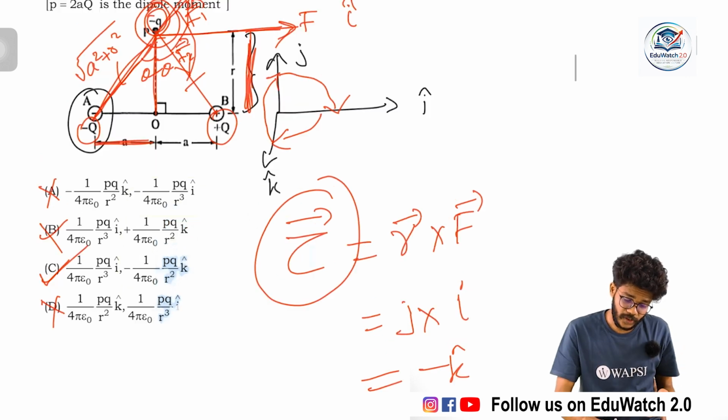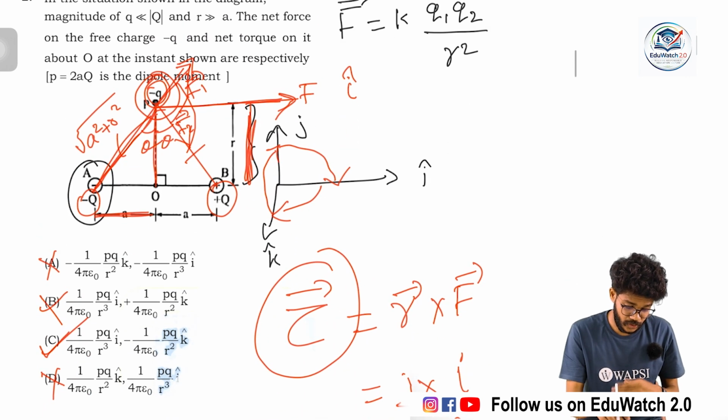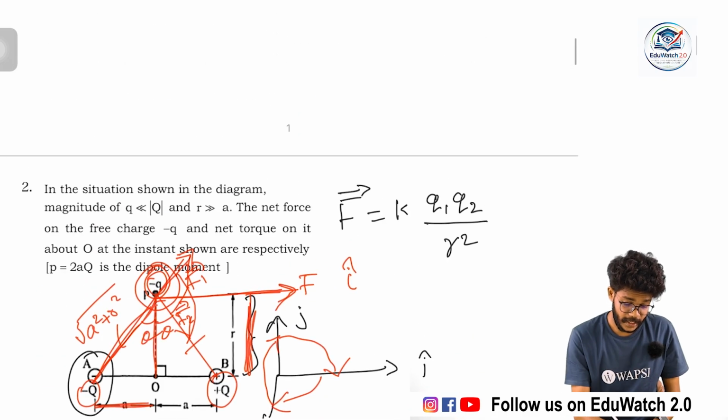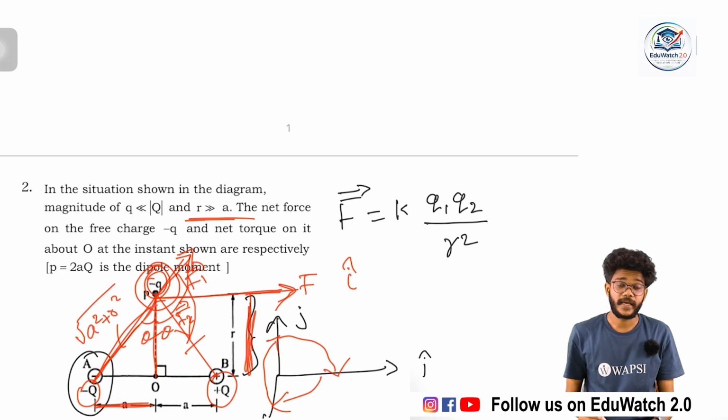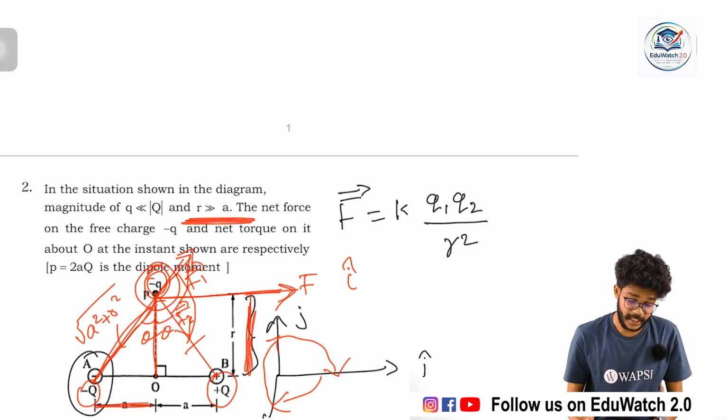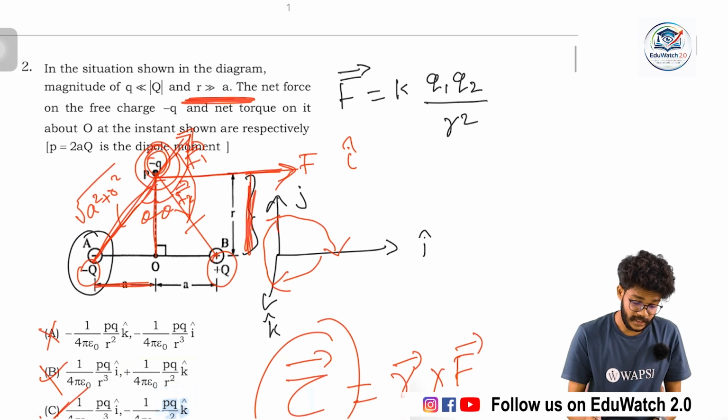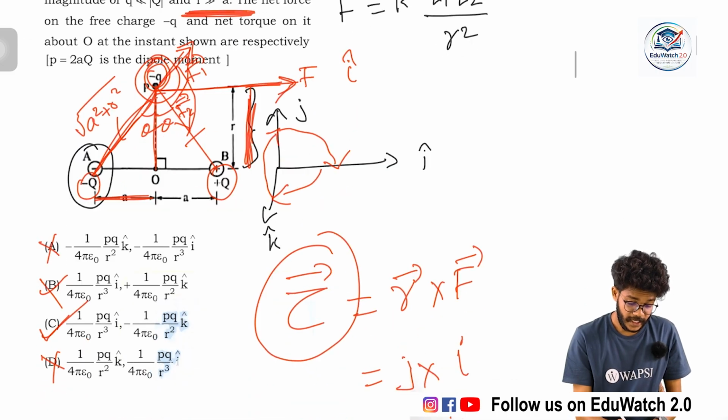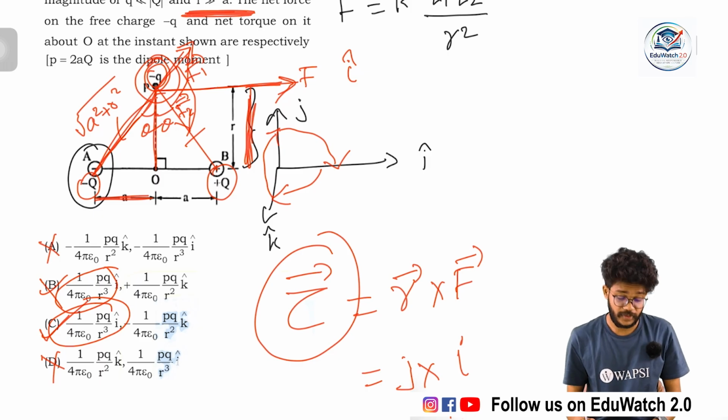We can do this by normal calculation also. In the calculation, by substituting these values and assuming that R is very much greater than A, we get the magnitude of force as this: 1 by 4 pi epsilon 0 times PQ by R cube.